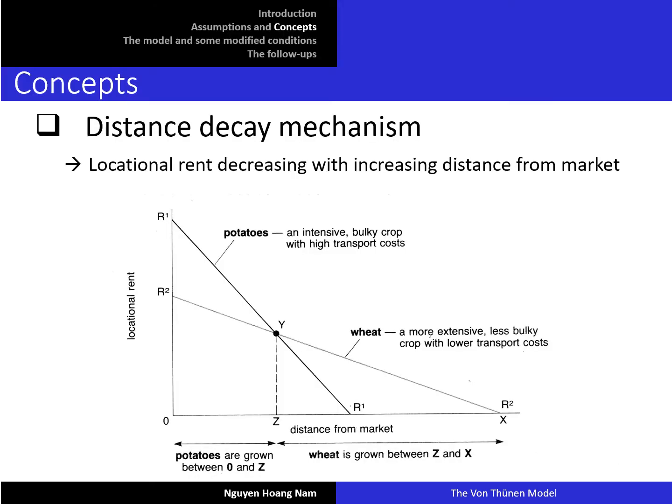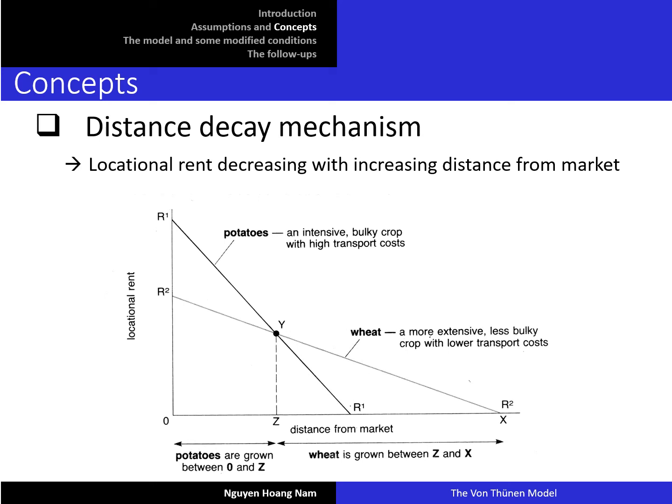Okay, since you understand the von Thunen model, there are some theories and mechanisms that go along that you may want to remember as well. Firstly, the distance decay mechanism, which tells you locational rent decreases with increasing distance from a market. This is easy to understand, and we already know this, and we have used this to analyze the von Thunen model.